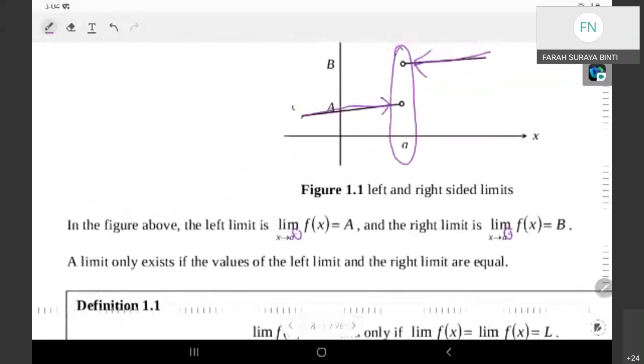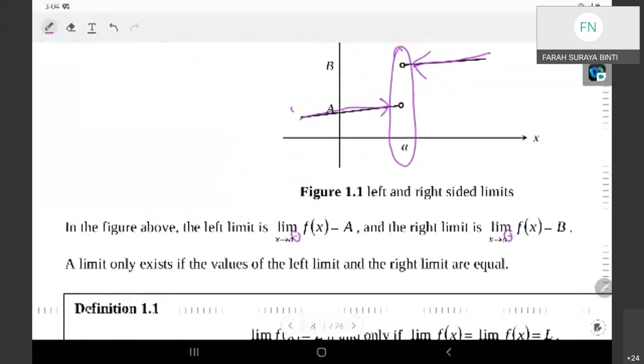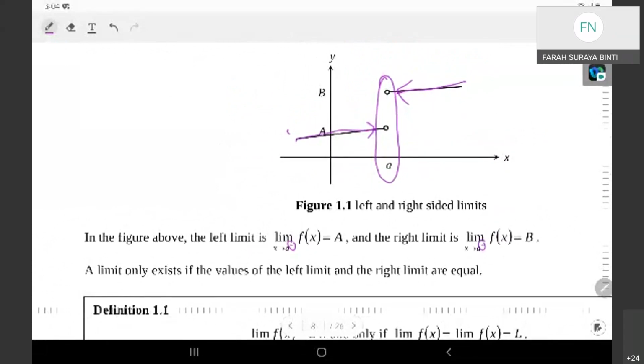Okay, so the left limit of this function, left limit sebelah kiri adalah A. Awak tengok dekat sini, nilai dia adalah A. Right limit pula, kalau kita tengok dari sebelah kanan, it approaches A. So dekat sini, jawapan dia iaitu B.